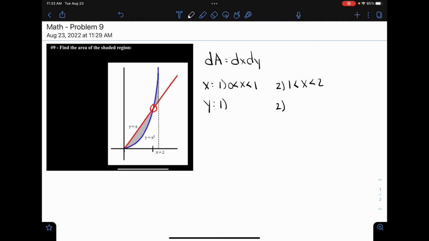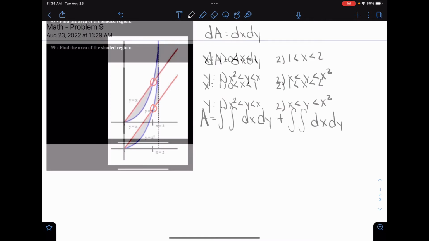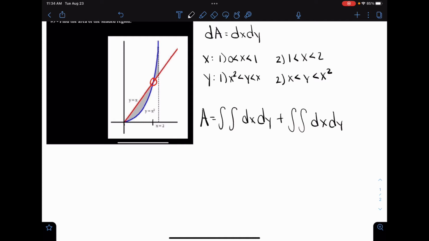For y, for the first set, the bottom of our limits will be x squared to x, and then the inverse will be true for the second half. It will be going from x to x squared. When you're setting up your integral, it's very important that you use the correct limitations. So for this first integral, which is this shaded region right here, your x will go from 0 to 1, and your y will go from x squared to x.